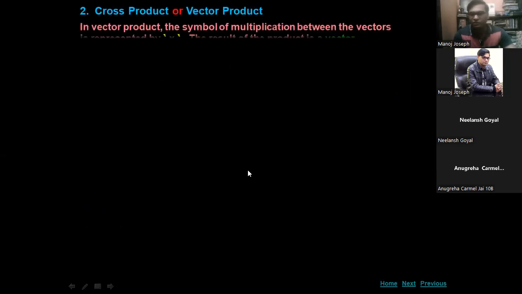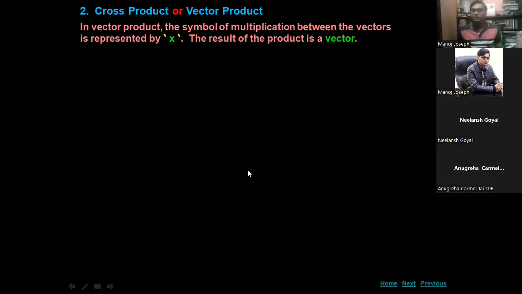Let me explain once again the dot product. In the vector product, the symbol of multiplication between the vectors is represented by a cross. So the result of the product is a vector. And previously, when we were dealing with the dot product, the result of two vectors was a scalar, as in the case of work done.